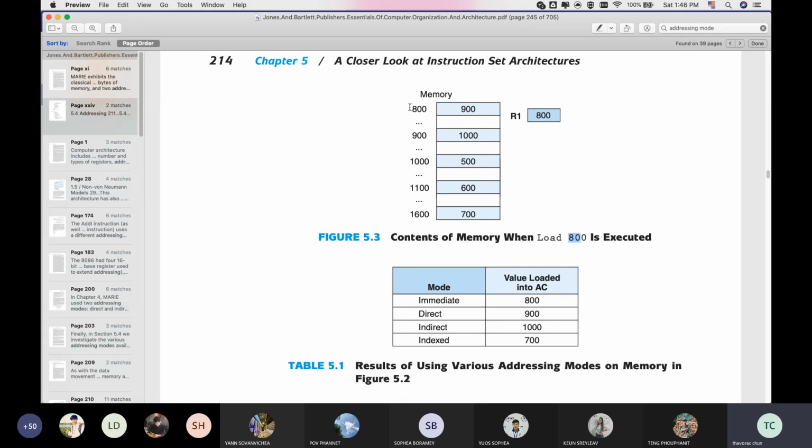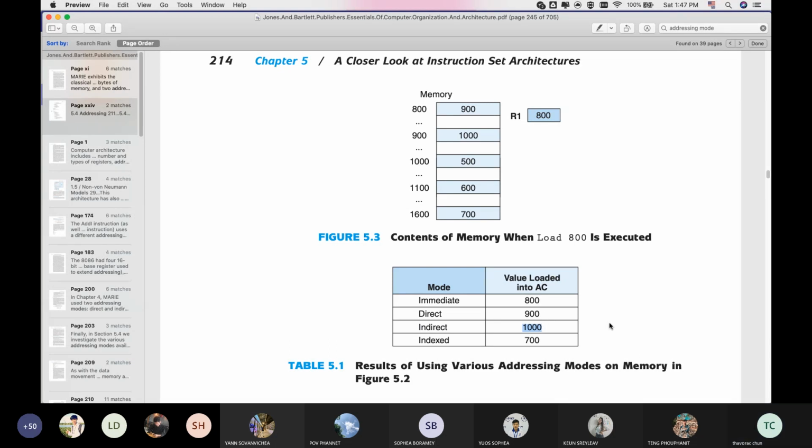You go to RAM, you see that at 800 the value is 900, and you know that 900 is the effective address. That means you need to copy the value 1000 into the accumulator. That's why in indirect addressing mode, you will have the value 1000 inside the accumulator.